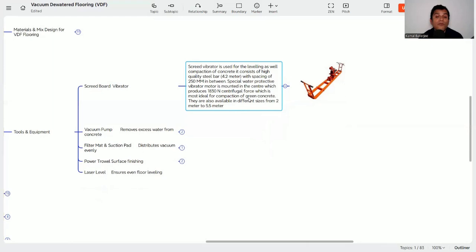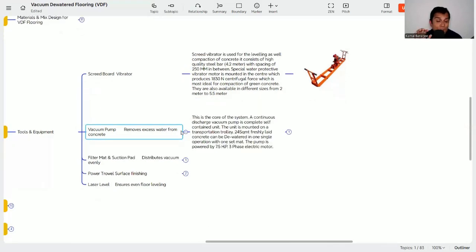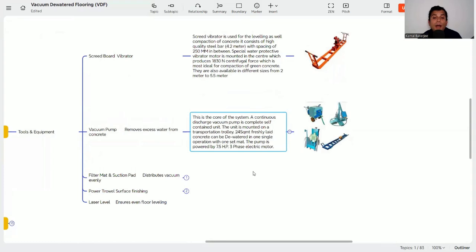So first we need the skid board vibrator, then a vacuum pump, which is the main equipment that removes the excess water. That is the process we call the vacuum dewatering process, and this vacuum pump is the key of the vacuum dewatering process. This is the core of the system. The continuous discharge vacuum pump is a complete self-contained unit mounted on a transportation trolley. 2.4 square meter of freshly laid concrete can be dewatered in one single operation with one set of mat.